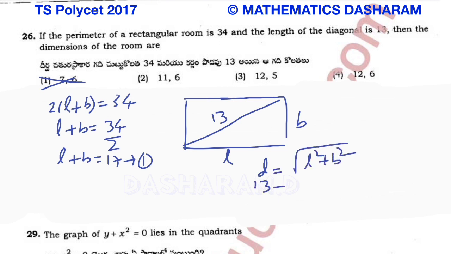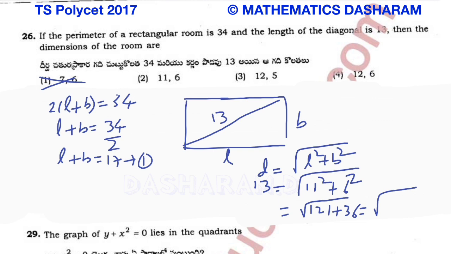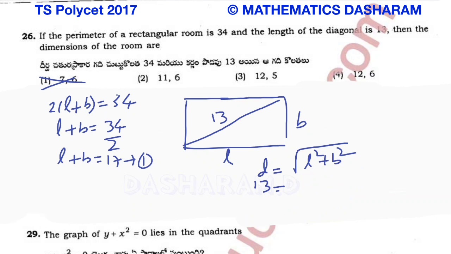So L is 11 and B is 6. 11 square is 121, 6 square is 36. So under root 157. But the square root of 157 is not a perfect square number. So option 2 is also not satisfying the given conditions.